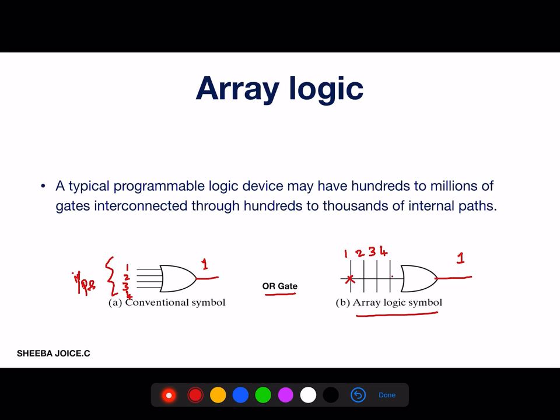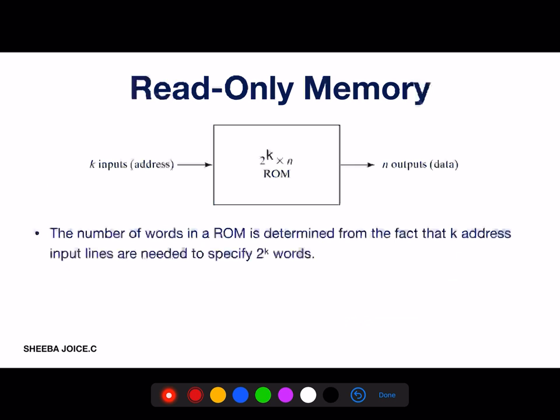If I put a cross mark over 4 at this position, it represents that I have connected the 4th variable as an input to this OR gate. So for this particular OR gate, 1 and 4 are the inputs. For 2 and 3 I have not put a cross mark, which means 2 and 3 are not inputs for this particular OR gate. This is how we represent array logic.